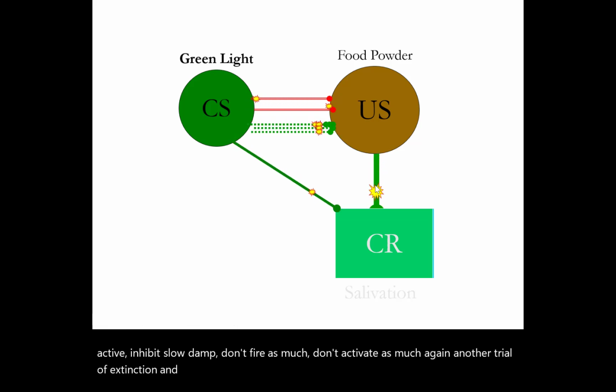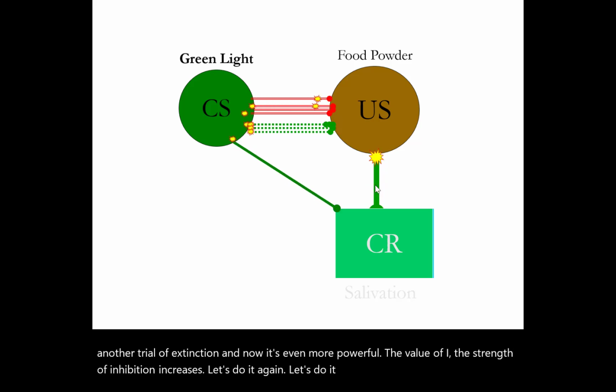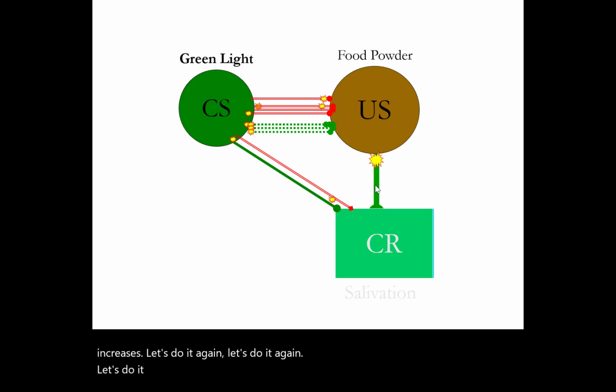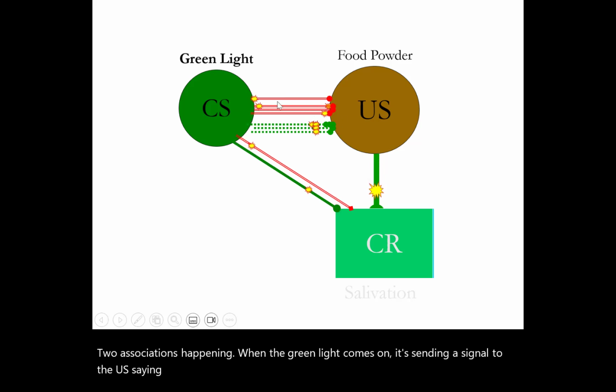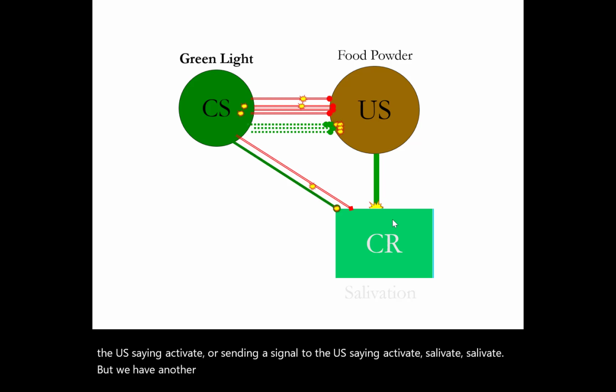Again, another trial of extinction. And now it's even more powerful. The value of I, the strength of inhibition, increases. Let's do it again. Well, now we have two associations happening. When the green light comes on, it's sending a signal to the US saying activate, salivate, salivate. But we have another association, another connection.